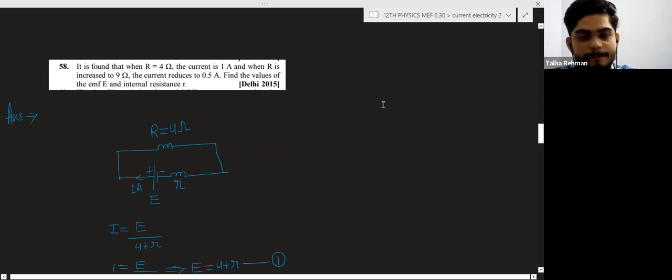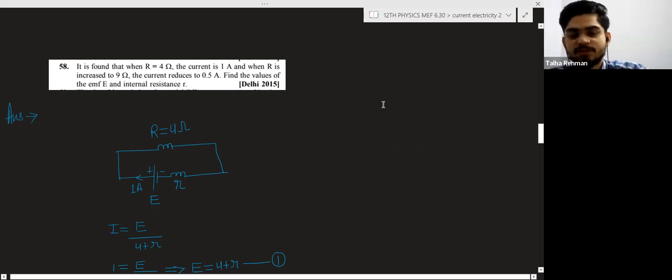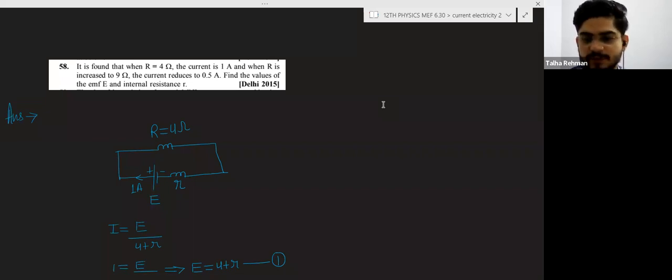Taken? Yes, sir. Matthew, yes, sir. Taken the screenshot. Because why I am telling you that you should note this solution: theory is important, but not that important. In the examination, you have to solve the question, and you should solve the question like I am solving.